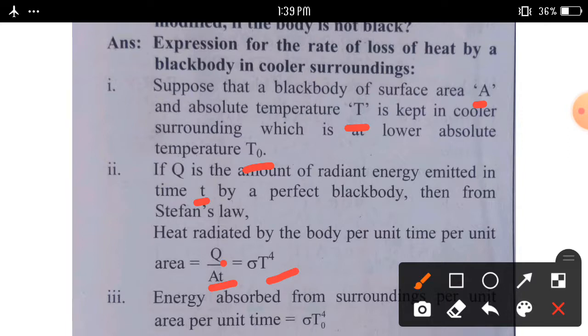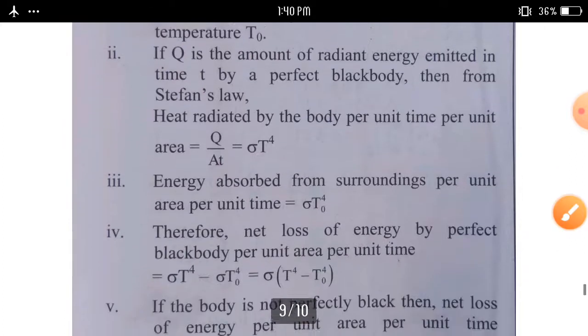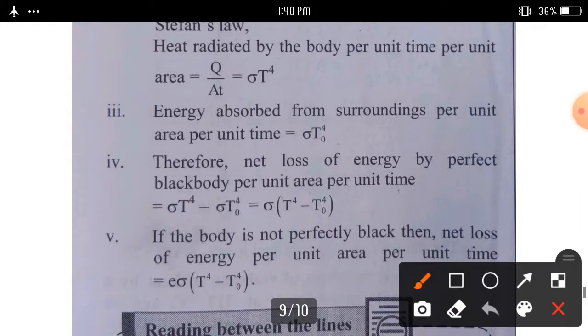Heat radiated by the body per unit time per unit area, Q upon A t, is equal to sigma into T raised to 4. Energy absorbed from the surrounding per unit area per unit time becomes sigma T0 raised to 4. Therefore the net loss of energy by a perfectly black body per unit area per unit time is sigma into T raised to 4 minus sigma into T0 raised to 4.